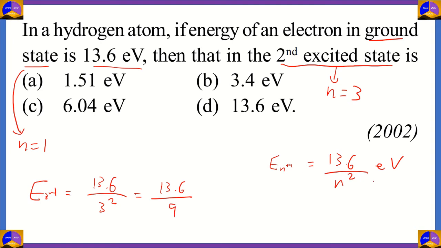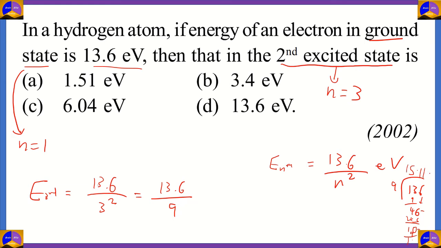Let's do the division. So that is 136 divided by 9. 9 goes into 13 once, leaving 4. Then there's 46, so that's 5, 45 gives you 1. And then there's a 0, so 9 goes into 10 one time, and it goes on and on.